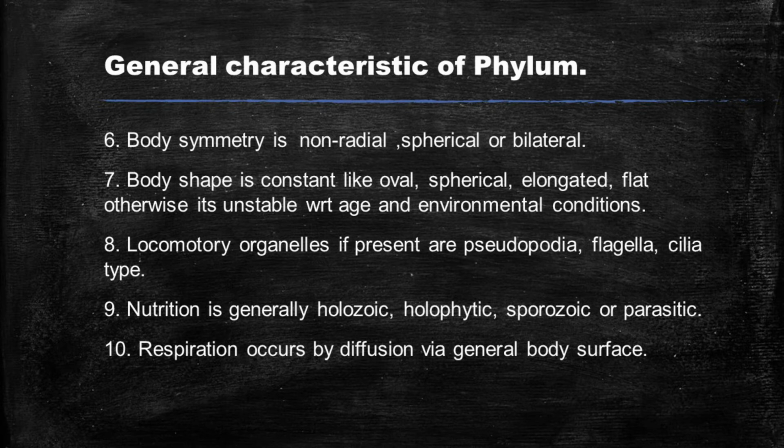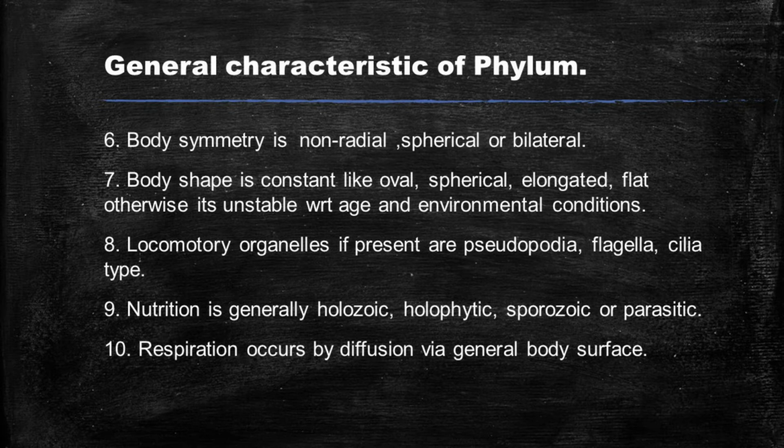So let's take a few minutes to get a gist of that. Holozoic: the word zoo or zoic here means animal-like, so based on animal nutrition. Then we have holophytic: phyto means plant, so based on plant nutrition, plant-like, it is holophytic. Then we have parasitic here, which showcases parasitism.